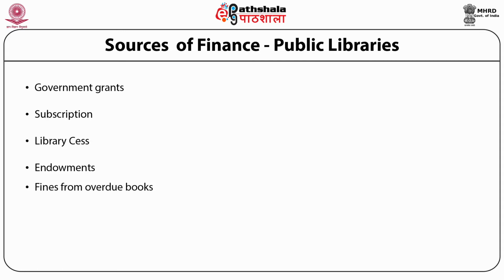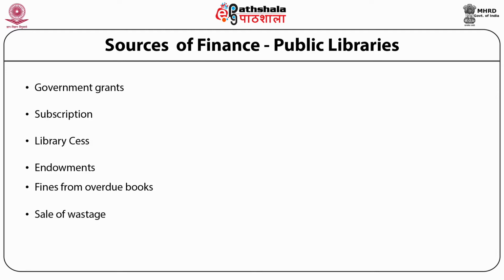Fines from overdue books. In some of the large libraries, like large academic libraries or large public libraries, money can come from fines charged from overdue books from users. Sale of wastages. Lot of material which is not of use for a long period can be disposed of.